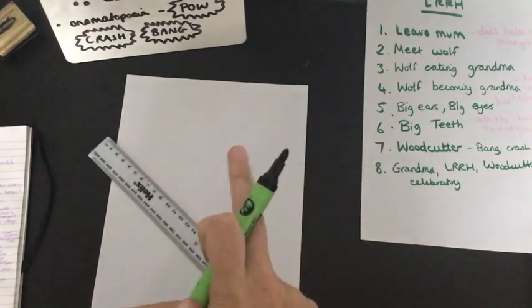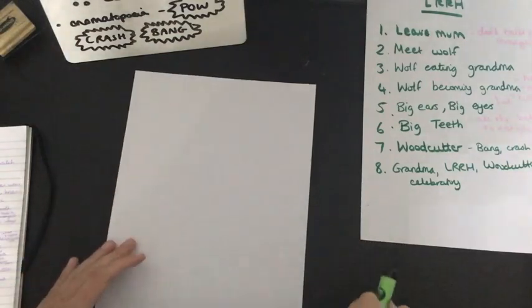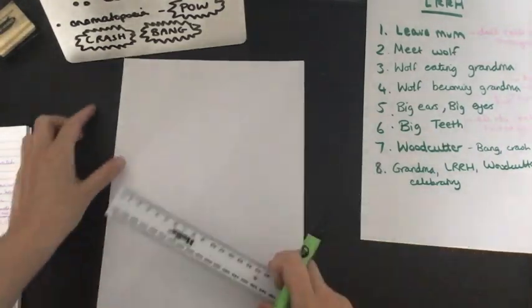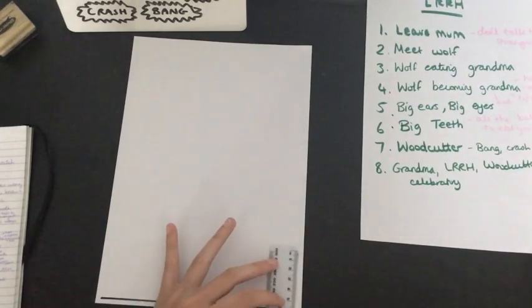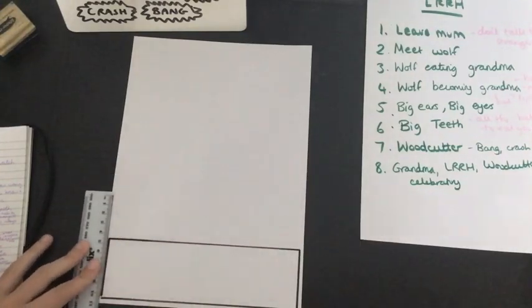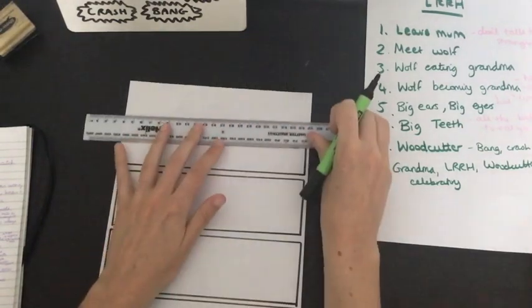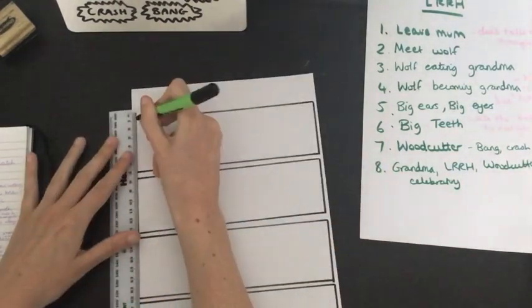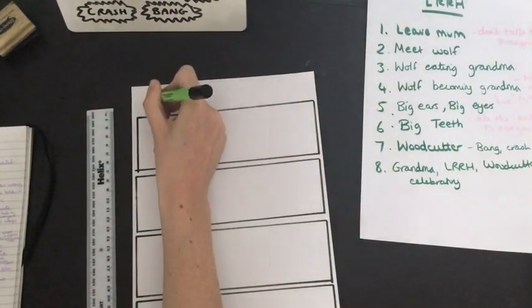Now roughly, if you make your boxes about 6 centimetres deep, like this, then you should be able to fit enough on your page to get your 8 boxes in and a few extra ones spare. And you can break these boxes up into smaller boxes at the top of your title.